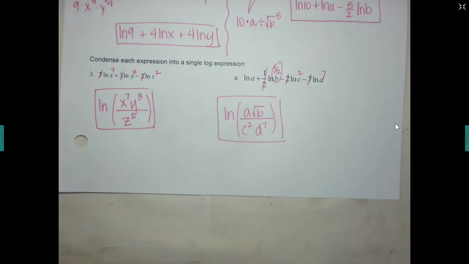All right, turn over to the back side when you're ready. So you should know how to expand and condense. Okay, the last thing you have to know is how to solve. So remember that if I had like a log little 10, do you remember we'd use a big 10 to cross it out? We just did this last class, or like if it was a log little 7, you'd use a big 7? Yeah.